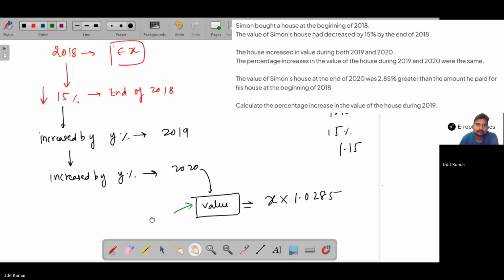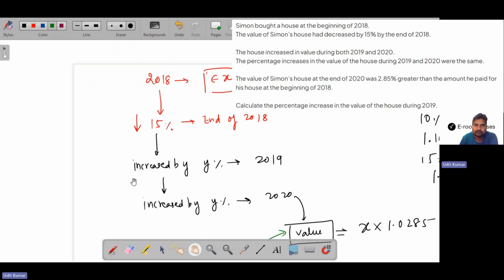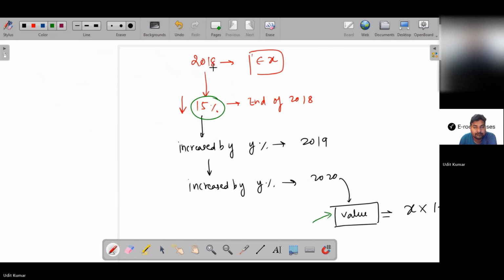Okay, let's find the value. By the end of 2018, the amount was decreased by 15%, which means the amount now is how much? 0.85x, right? And then by the end of 2019, it is increased by Y%.